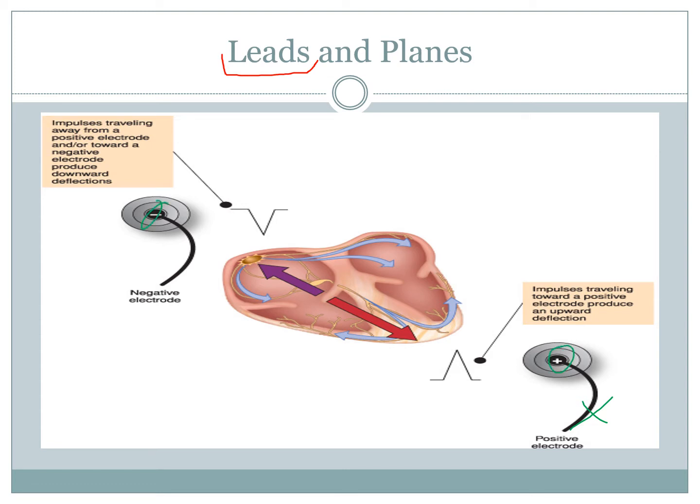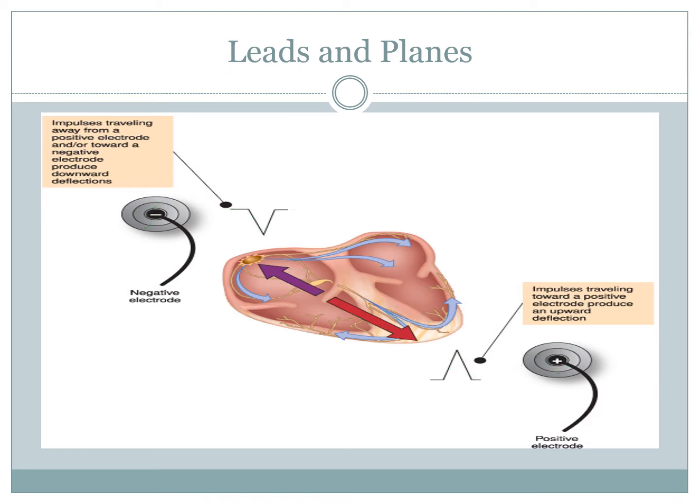Now each one of the leads looks at a specific area of the heart from the point of view of the positive end of the electrode. And any impulse that travels towards the positive electrode is going to be shown on the ECG as a positive deflection. And any impulse that travels away from it is going to be shown as a negative deflection.